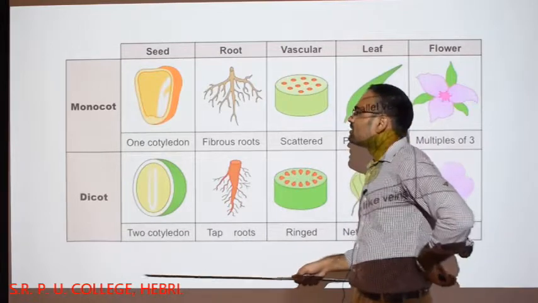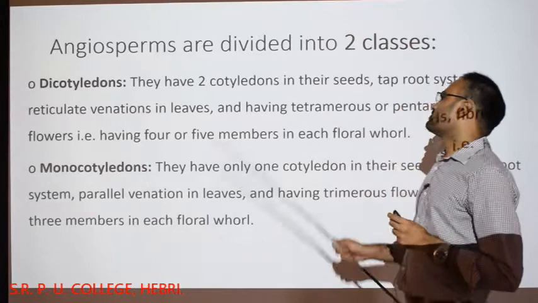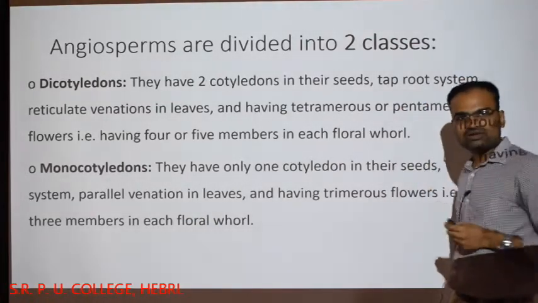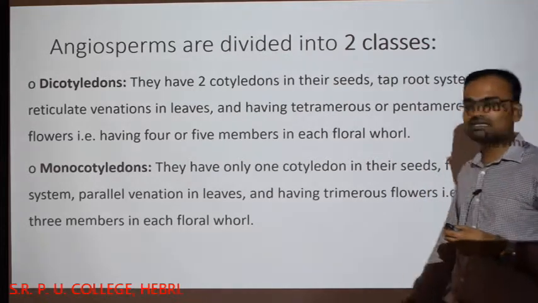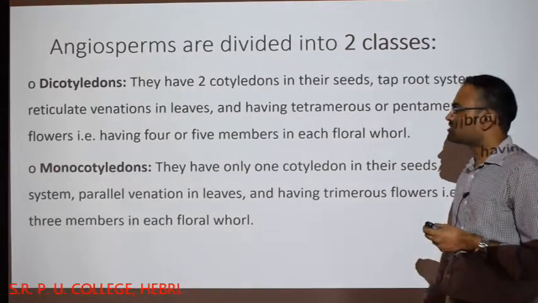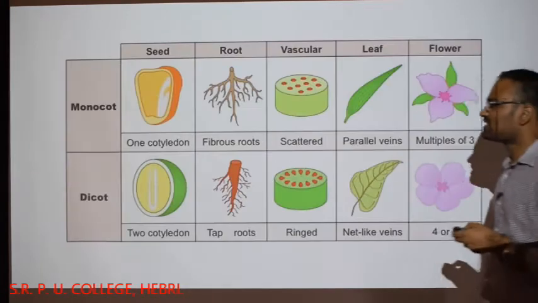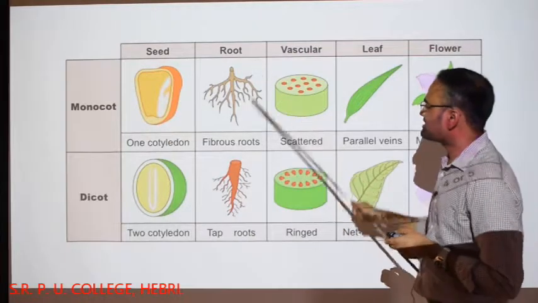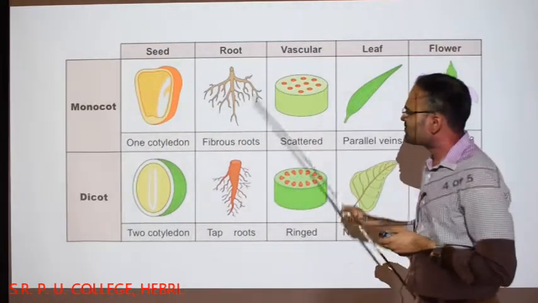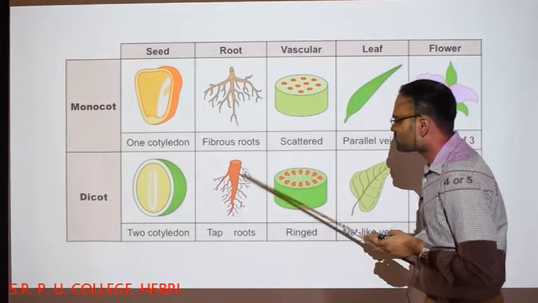In dicots, what are the major characters we are going to observe? They have 2 cotyledons in their seed, as we already saw in the picture, a taproot system, reticulate venation in leaves, and a tetramerous or pentamerous condition. In monocot plants, the root system is fibrous. What is a fibrous root system? It means it does not have a taproot like a dicot.